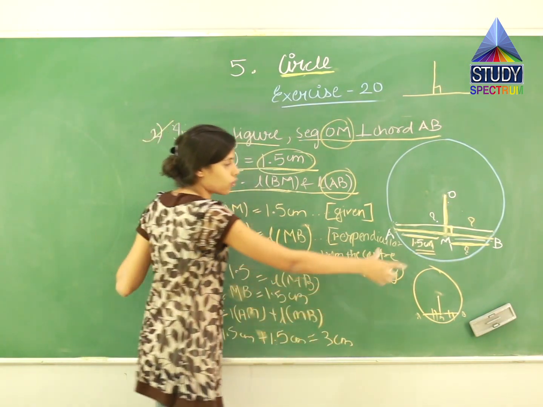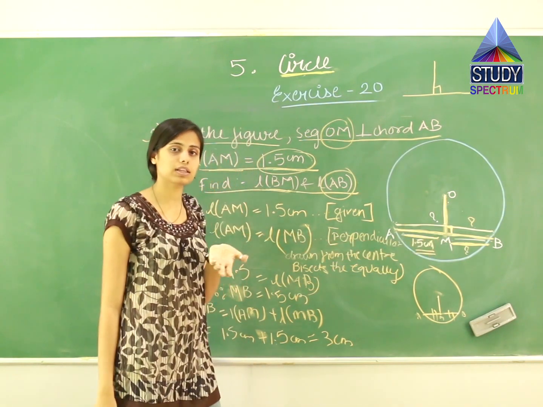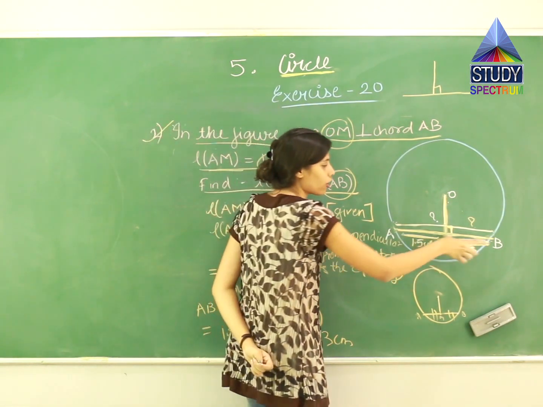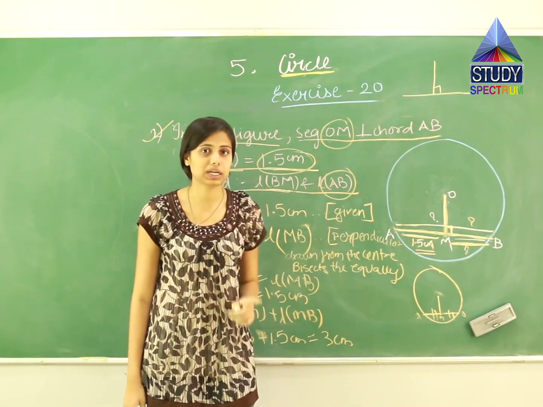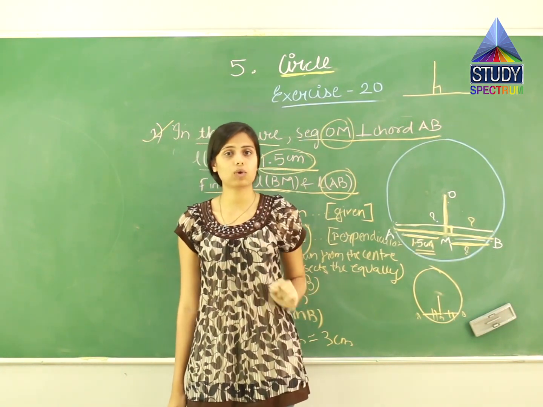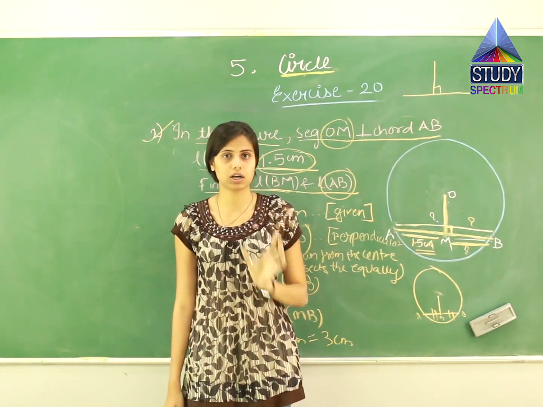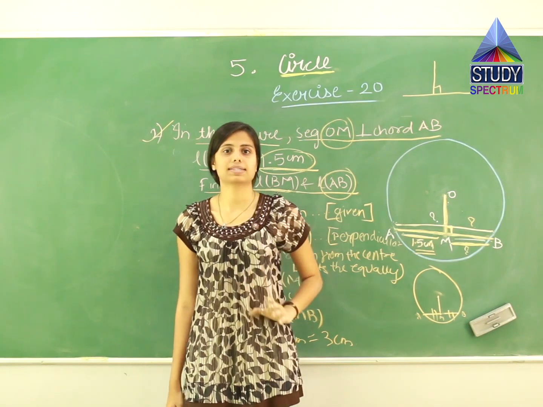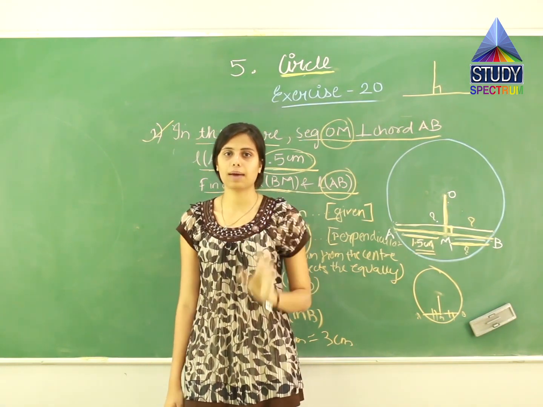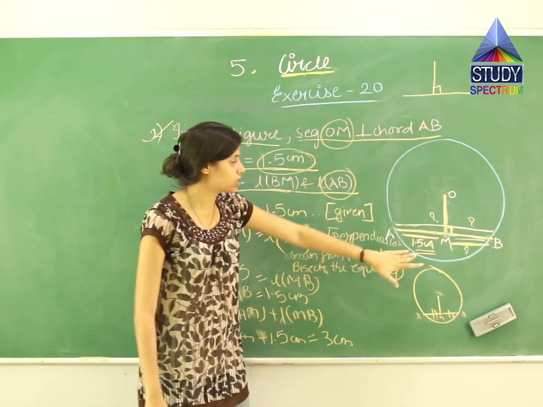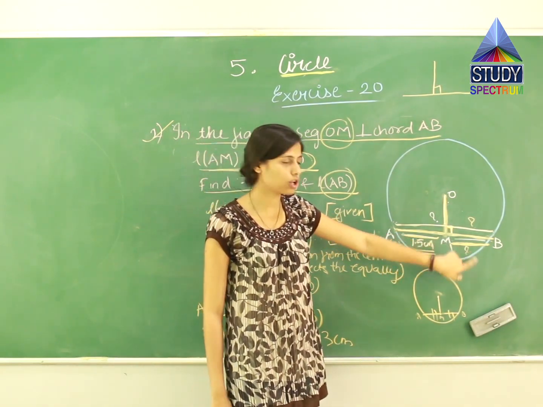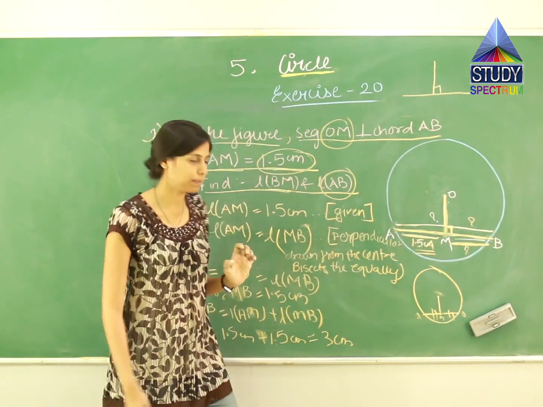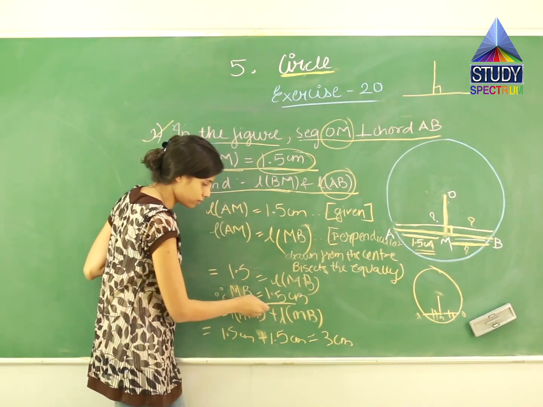Length of AM is what? 1.5 centimeter, given in the question. How did we find length of MB? By the first property, which says if the perpendicular is drawn from the center of the circle to a chord, then it bisects the chord equally. So AM will be equal to MB, which is 1.5 centimeter, and over here also it will be 1.5 centimeter. That we have found over here.